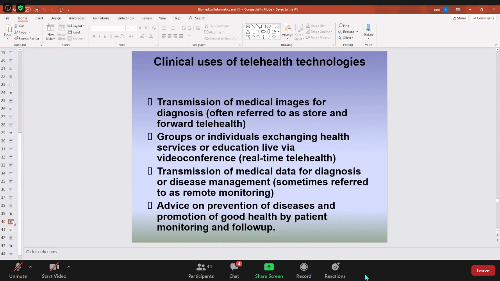So what are the clinical uses of telehealth technologies? The transmission of medical images for diagnosis, often referred to as store and forward telehealth. You realize that nowadays, even though they still provide you the hard copy x-ray film, very often you will see that the x-ray film is now in digital form.